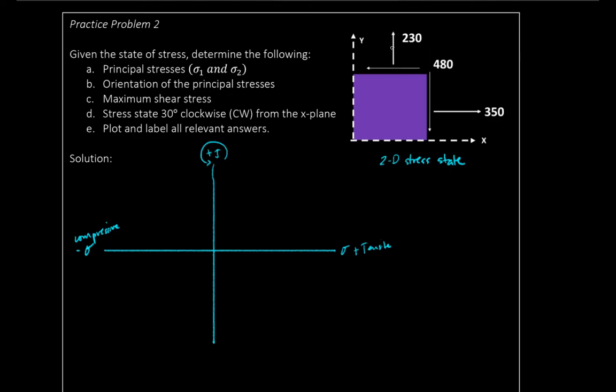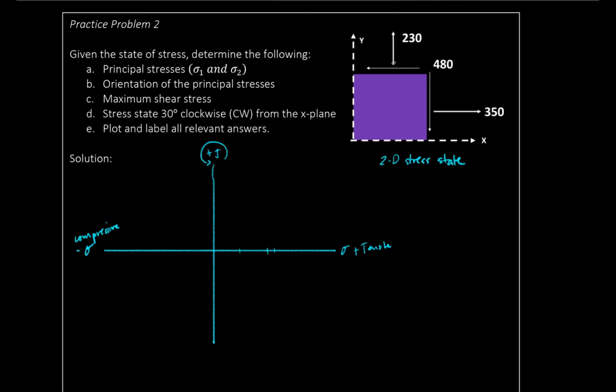Okay, so let's look at the problem. We have a positive 230 on the y plane, so that's 230, and I'll just do an estimate here. If this is 100, 200, then 230 is somewhere here.